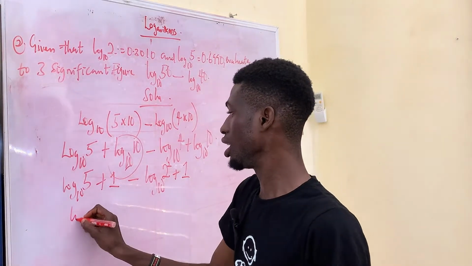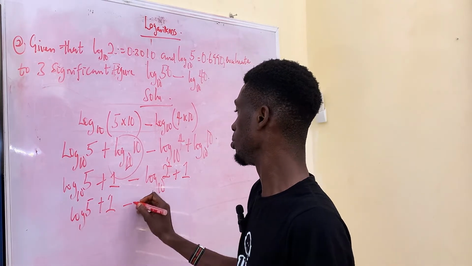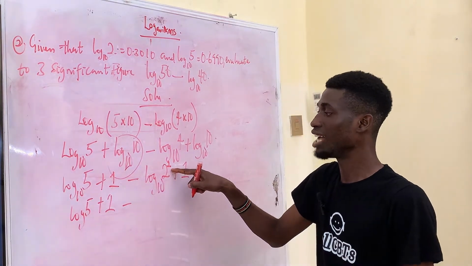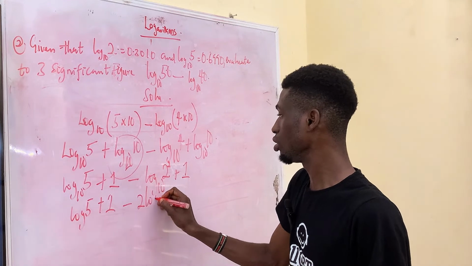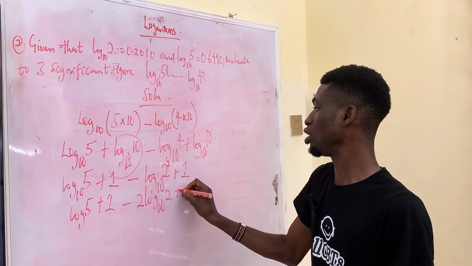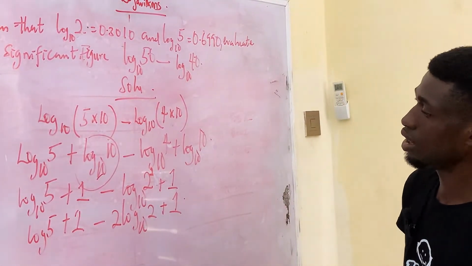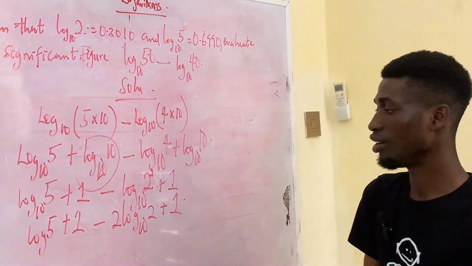So here I have it as log 5 plus 1 minus, now this 2 is not functioning as a power, so I will turn it back. So I have it as 2 log 10 2 plus 1. So you can see that this 2 has been substituted into this value.